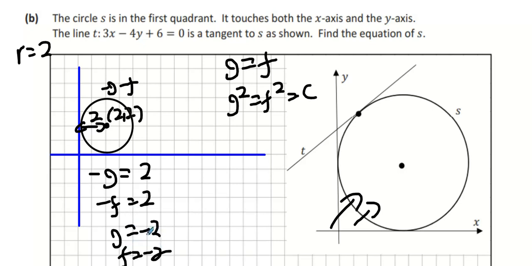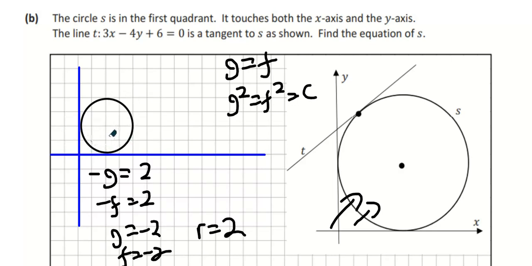So what we can discern from that is that the radius is going to be plus g. Because if g is -2, the radius is +2, because radius can't be negative. So we know it's not (2, 2), or at least we think it's not (2, 2).